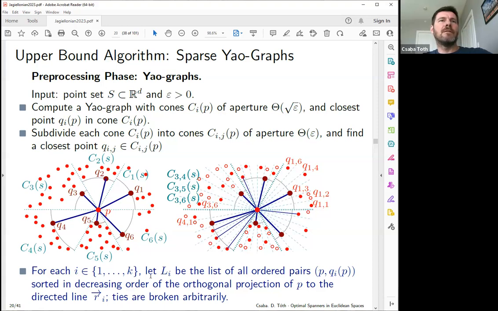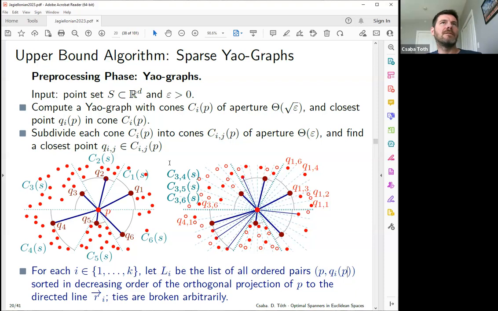Yeah, the actual algorithm is a little more. So there's some ordering in each of these cones, a consistent ordering. So the extra step is that instead of doing this separately for each point, each center P, we can just compose a common list of all of these ordered pairs for every center to every point in this cone, and we add them one by one in this order.